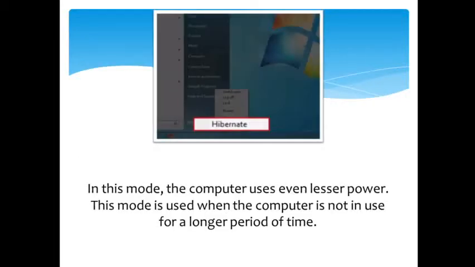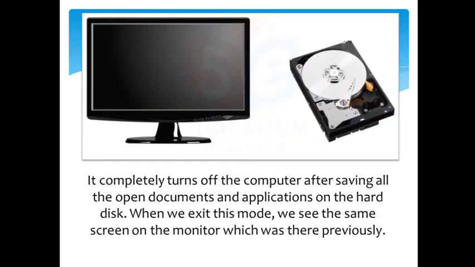In this mode, the computer uses even less power. This mode is used when the computer is not in use for a longer period of time. During this period, it completely turns off the computer after saving all the open documents and applications on the hard disk.